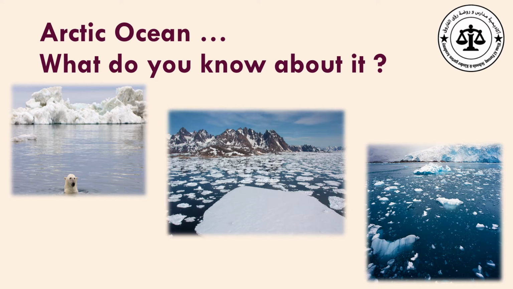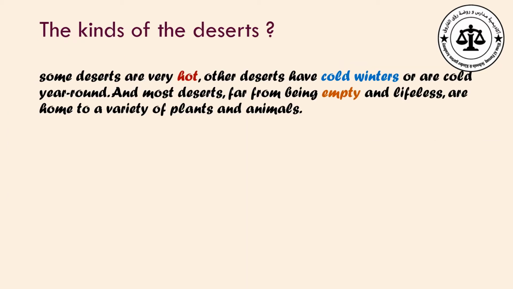Let's move to the second idea in this unit. I have a question for you. How many deserts are there in the world? Yes, there are lots of kinds of deserts. We have hot deserts, cold deserts, empty deserts.